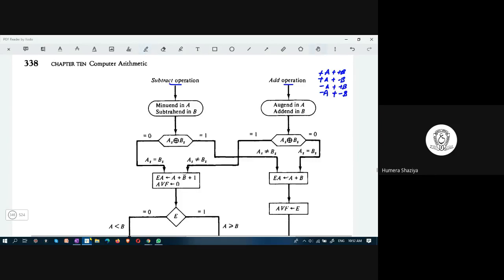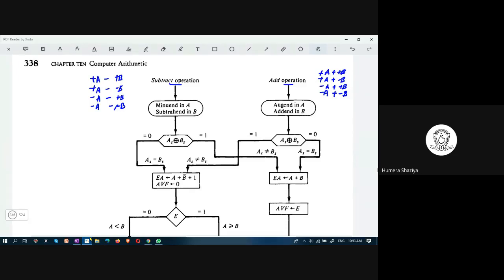Likewise, for the subtraction operation, you have 4 combinations: plus A minus plus B, plus A minus minus B, minus A minus plus B, minus A minus minus B. 4 combinations you are getting for subtract, 4 combinations you are getting for add. Now, what to perform when?